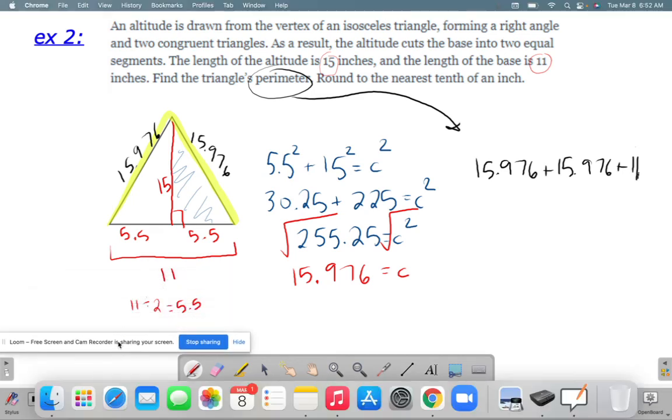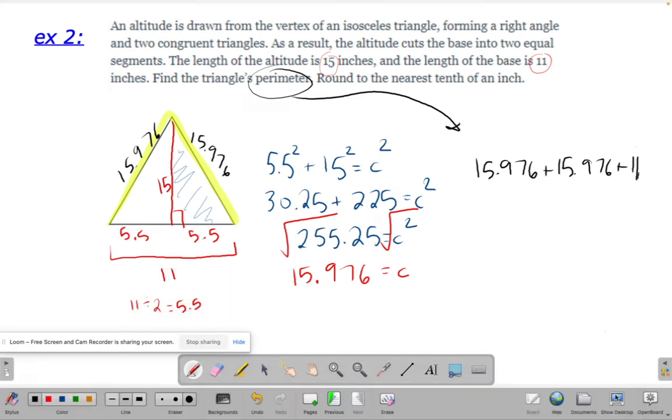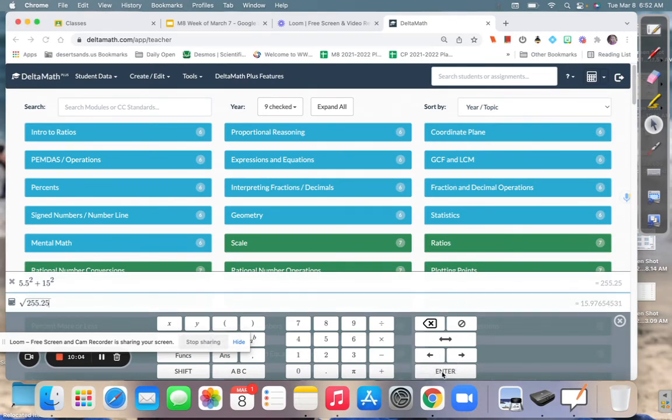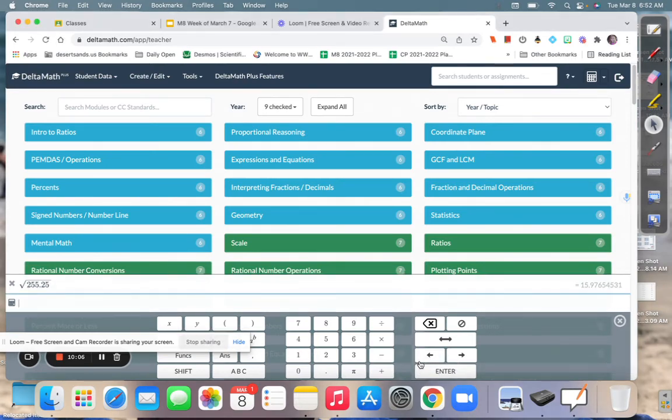And then 11 is that bottom. So let's hit enter, and we have 15.976 plus 15.976 plus 11, and we end up with 42.952.